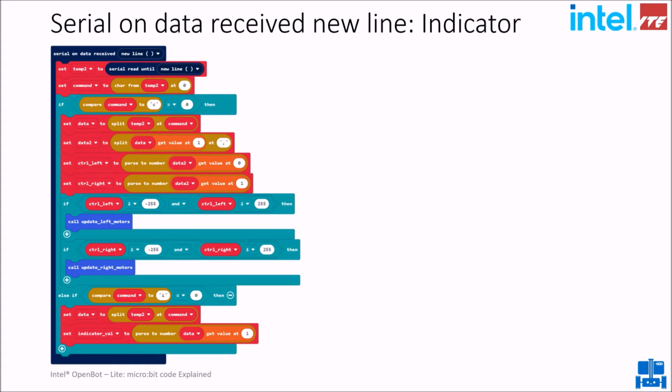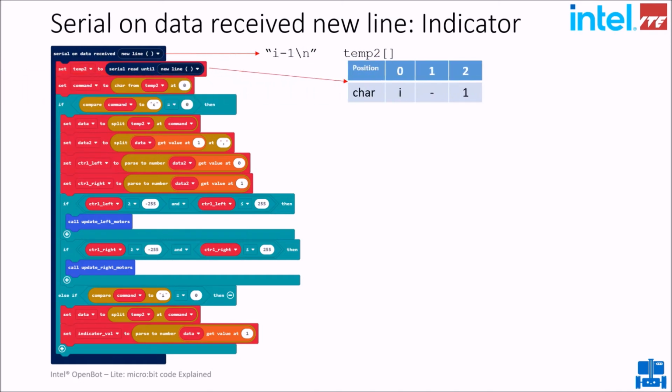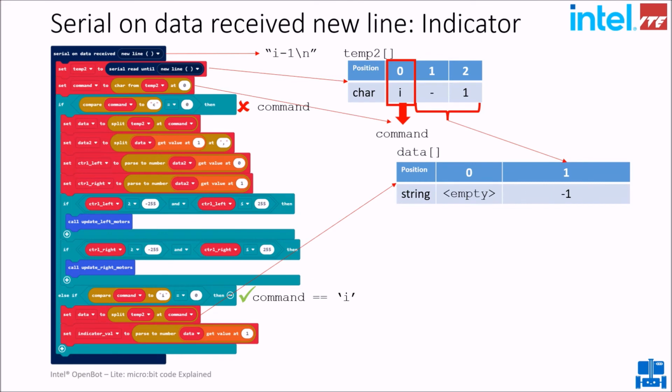For example, the micro:bit received this indicator command. Temp2 will store this string without the new line symbol at the end. Next, the first character of temp2 is extracted and stored in the command variable. As it is not a motor command, it will not run the first if section, but the second. The temp2 string is split at the command character and stored in the data array.